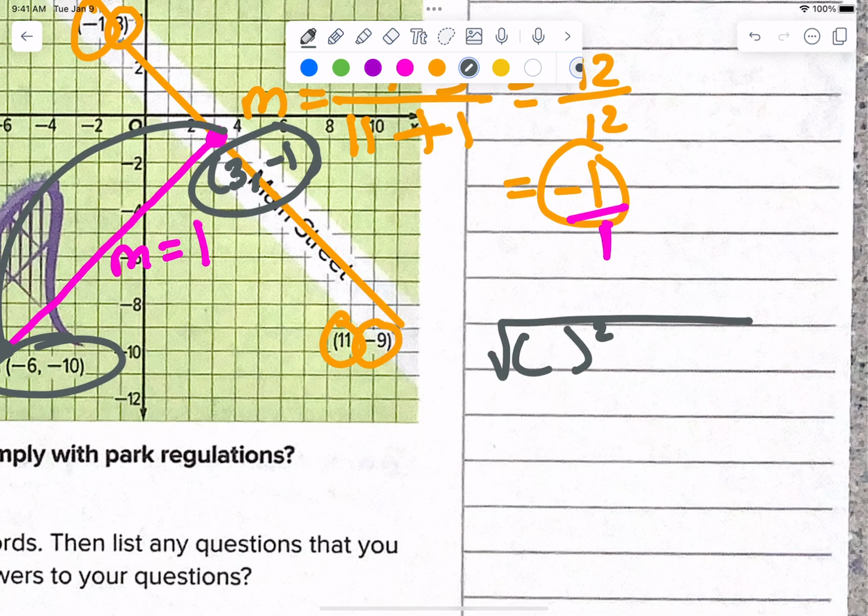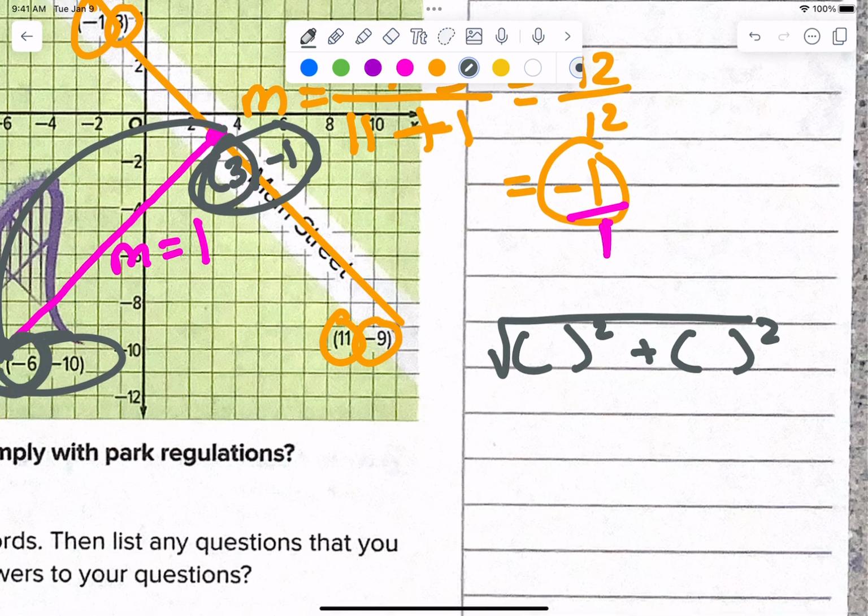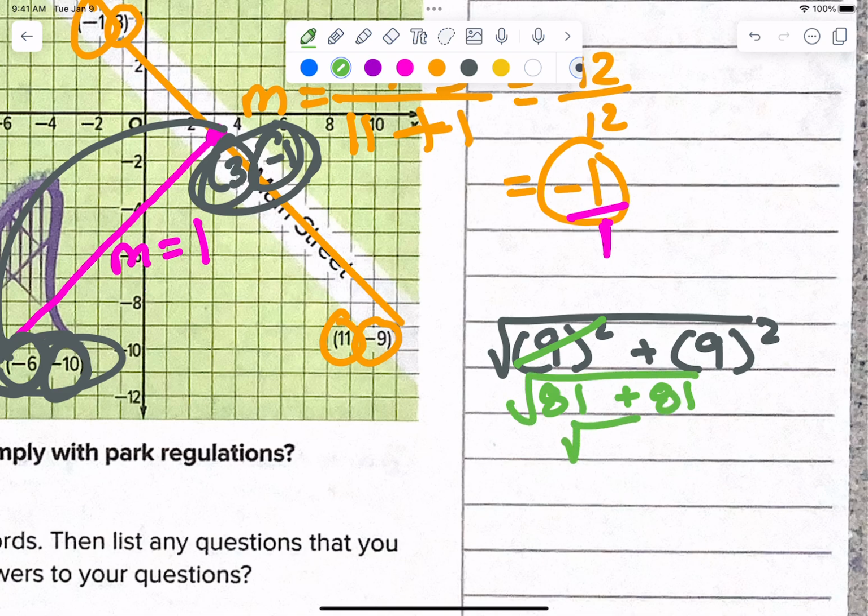Distance formula: this squared plus this squared. How far apart is -6 and 3? 9. How far apart is -10 and -1? Also 9. You betcha. 9 squared is 81, and 81 plus 81 is 162.